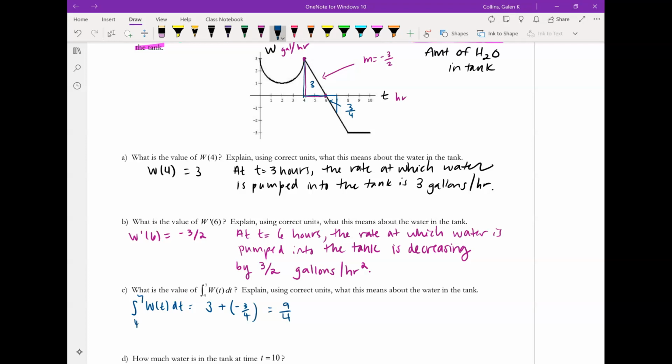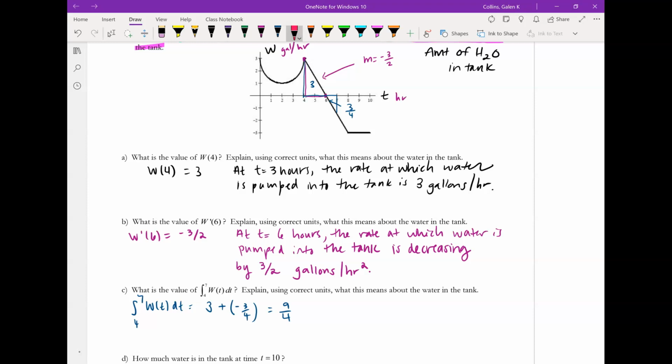Then when we explain, we've got to use correct units and talk about what that means about the tank. So this has to do with the amount of water in the tank and how that has changed. We said we can call that displacement. So remember that when we integrate, we are essentially multiplying and we're finding areas.